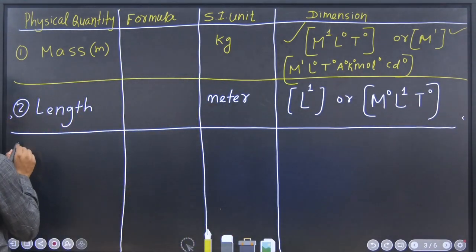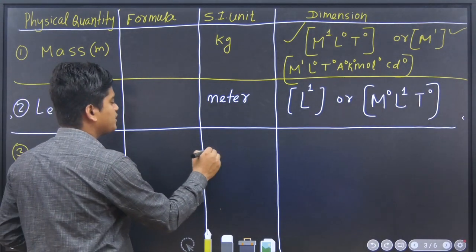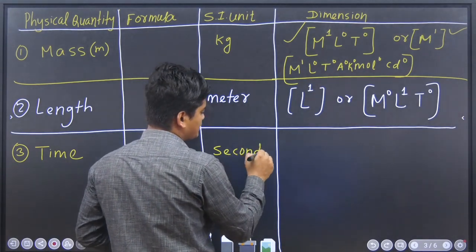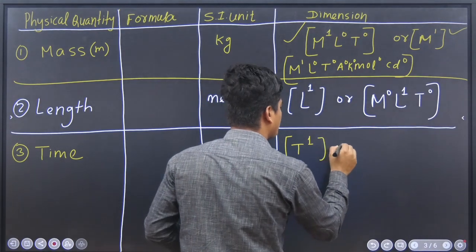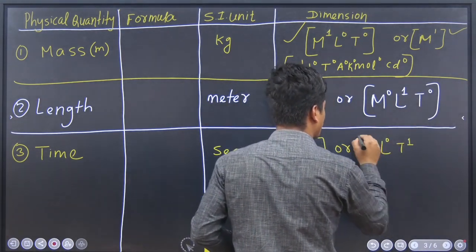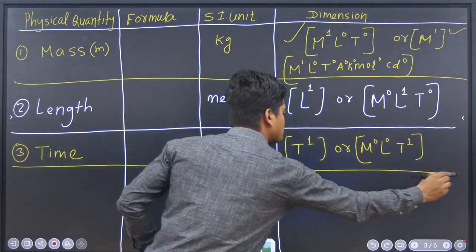Now come to the next point. Number 3, time. For time, the SI unit is second, or s. Here it is T to the power 1, or you can write M0, L0, T to the power 1. This way also you can write. Now I will go to the next quantity.